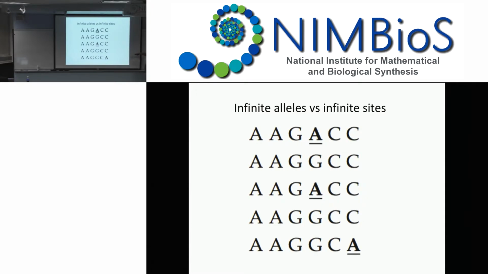Infinite alleles, infinite sites. The allele frequency spectrum: I've got 5 alleles, 5 sequences here. I've got 1, 2, 3 alleles. So in the allele frequency spectrum, N1 equals 1. I've got 1 sequence as 1 copy. N2 equals 2, because I've got 2 sequences.